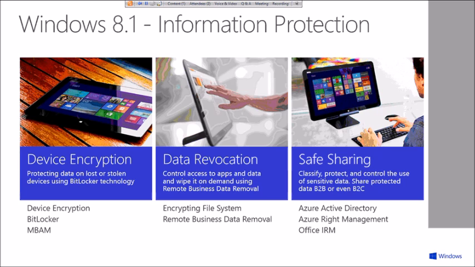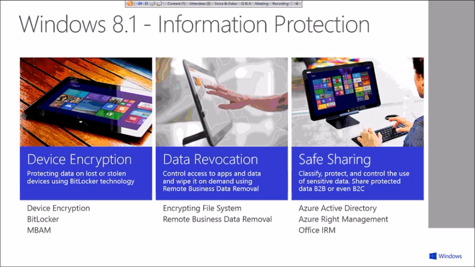Now let's look into information protection, and specifically, let's talk about device encryption. So BitLocker, Microsoft BitLocker administration monitoring, device encryption. Let's look into device revocation. So all about EFS, encrypted file system, and one of the new cool features called remote business data removal. And lastly, let's talk a little bit around safe sharing.